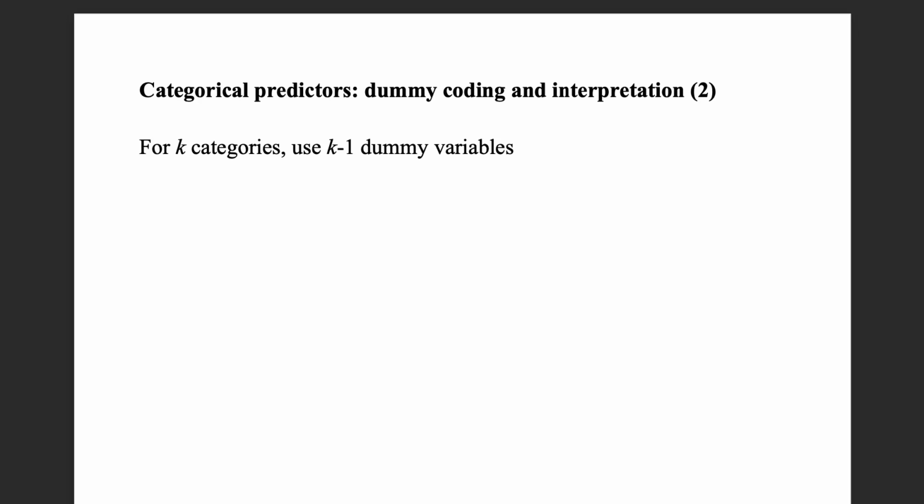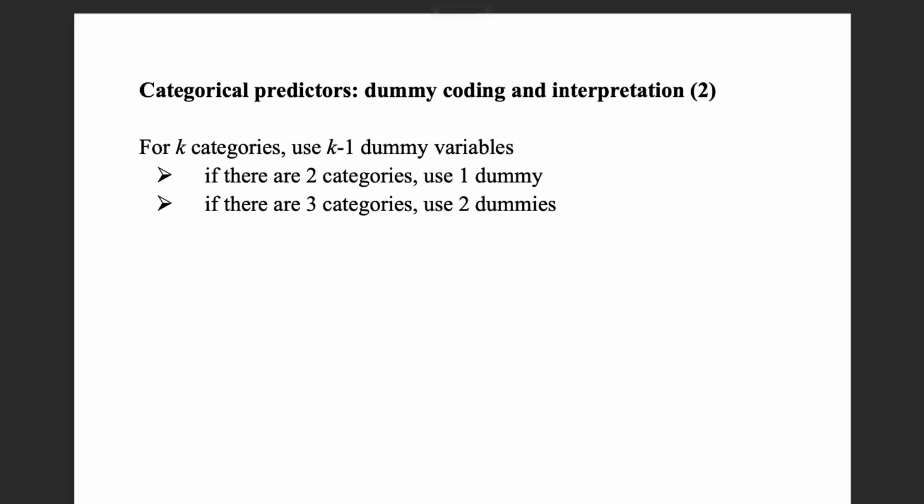And then we can start creating these dummy variables, and the number of dummy variables that we need is going to be the total number of categories that we have minus 1. So if your variable is measured in 2 categories, that means that we need to create 1 dummy variable. If we say we have 3 categories, then we need to create 2 dummy variables, 2 dummies that we are going to use for analysis.